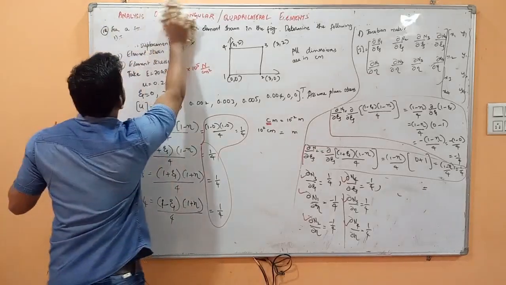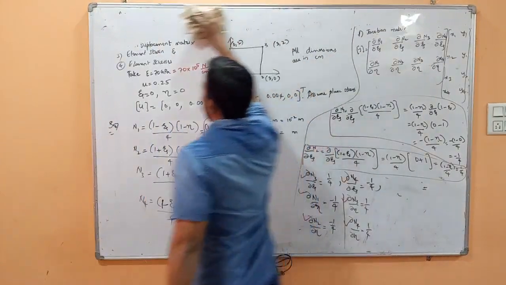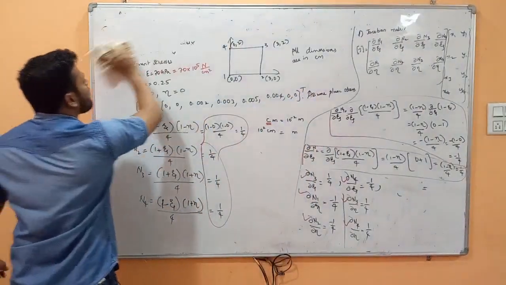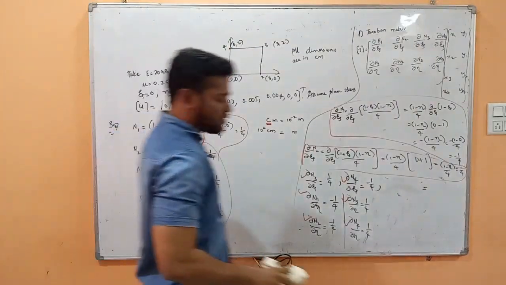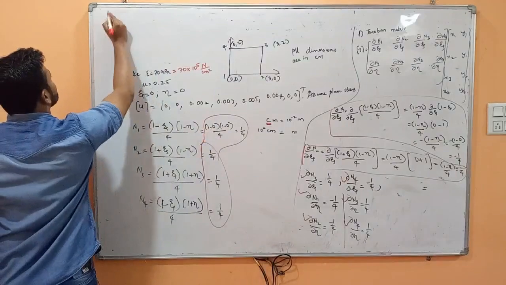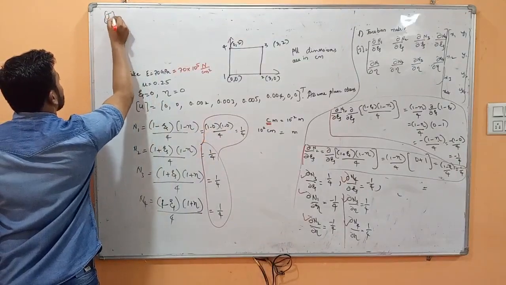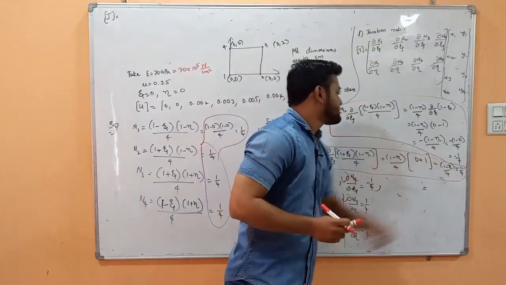I'm erasing this question here. So now I am substituting into the Jacobian. What is the first value we got? Minus 1 by 4.